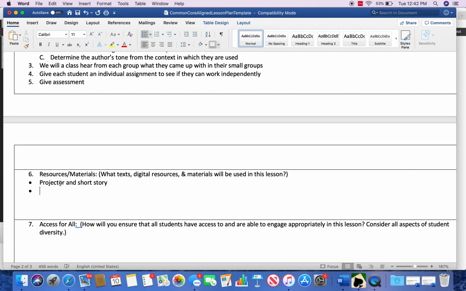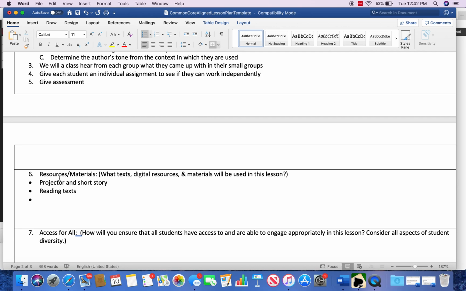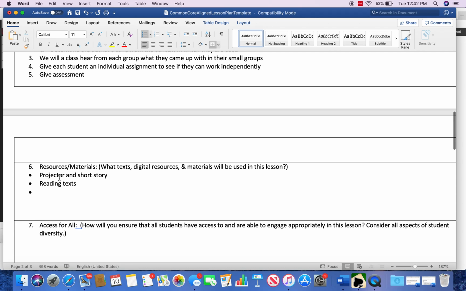You would provide reading texts, and that could be handouts of a short story. It could be the reading literature book, whatever it is, specifically listed. The reading literature book, pages 16 through 25. And any other additional materials, whatever materials you use in this lesson, you list it out.